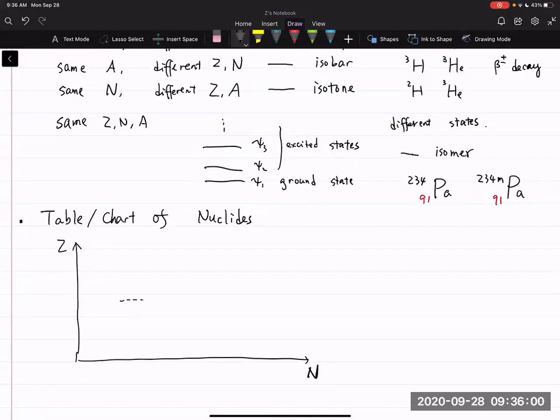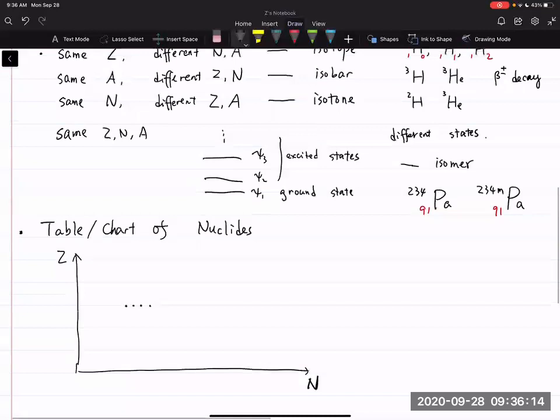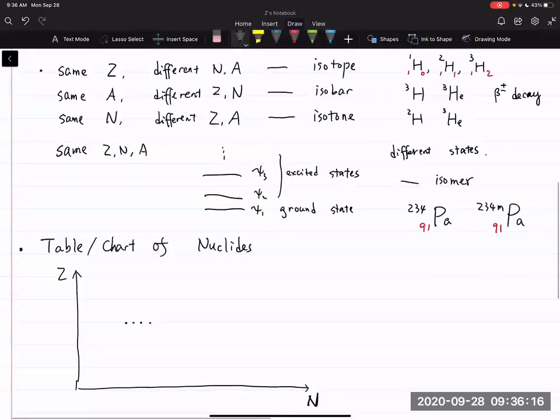Every dot represents one isotope, because they have the same Z and different N. Those are the isotopes. Now if you look at it vertically, the same number of N. So this will be isotone. Let me write it down.